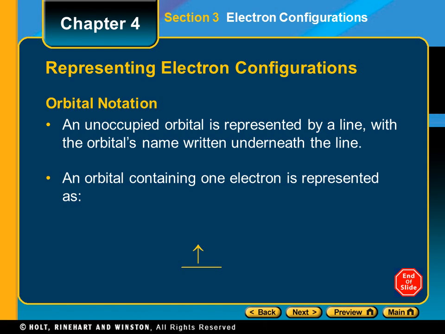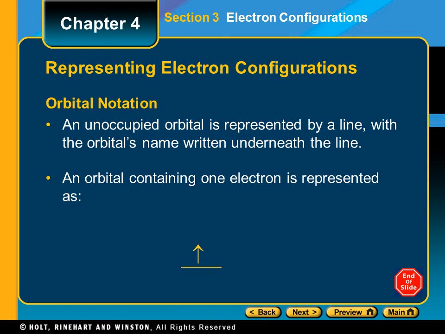But hydrogen, for example, that has an atomic number of 1 and therefore 1 proton, is going to have 1 electron. That electron is going to go into the 1s orbital, the first energy level in the s orbital.